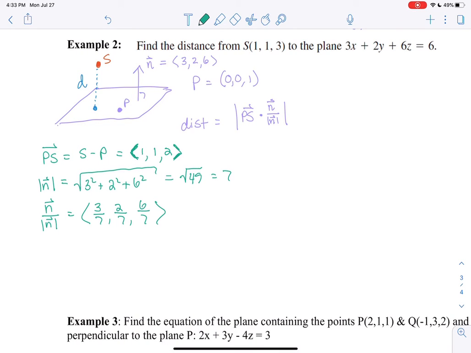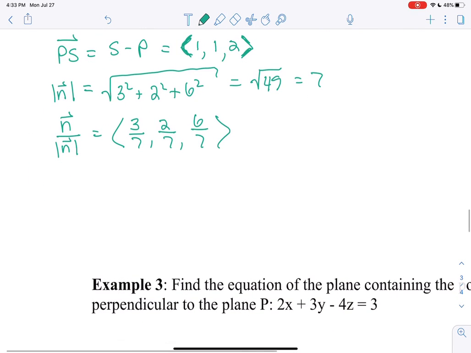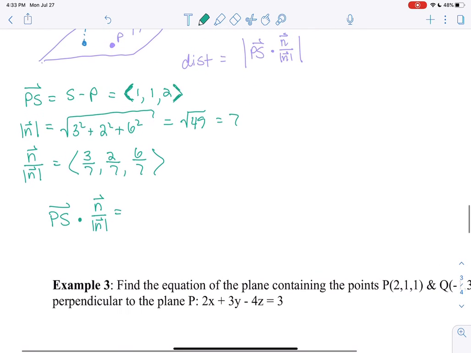Okay, so now we just need to dot together PS and this unit normal vector. PS dotted with the unit normal is equal to, we multiply the components and add them together.